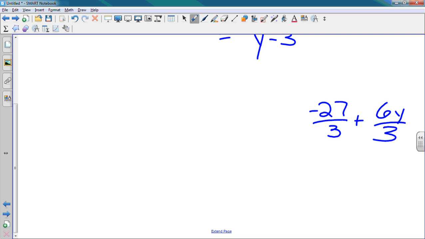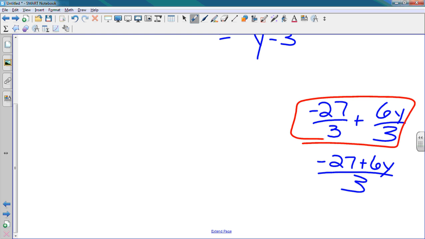Add across the top. Very good. So technically, this is going to be negative 27 plus 6y all over 3, right? Because that's how you add fractions. You add the numerators together with the same denominator. Well, let me ask you this. If this equals this, doesn't this equal this?